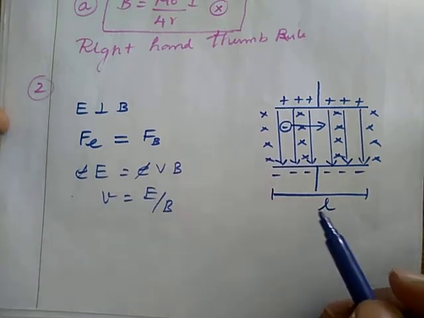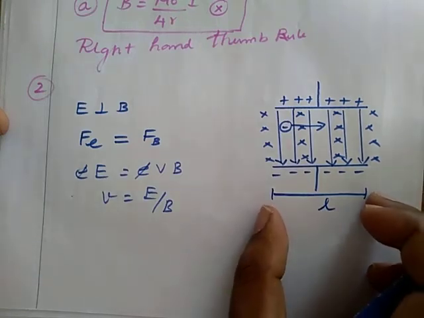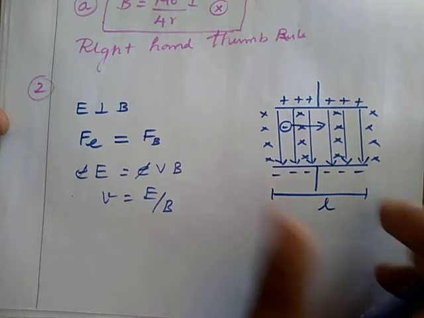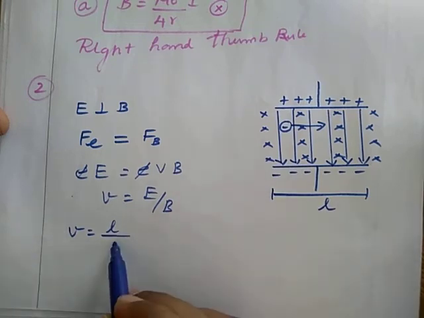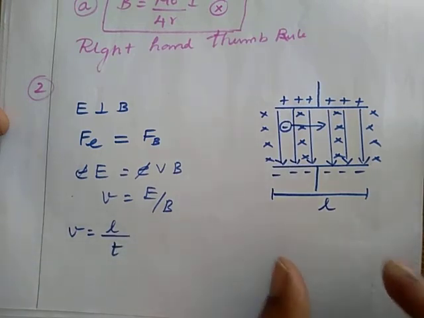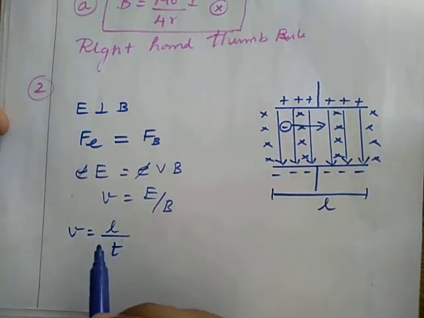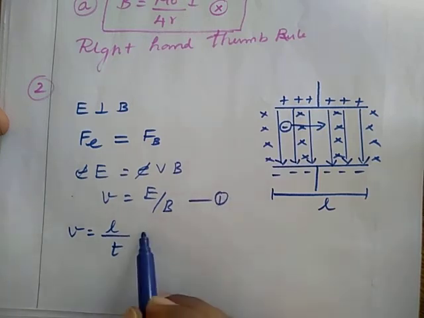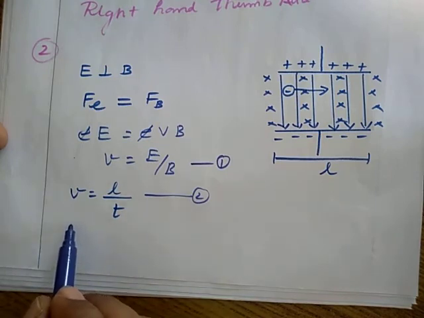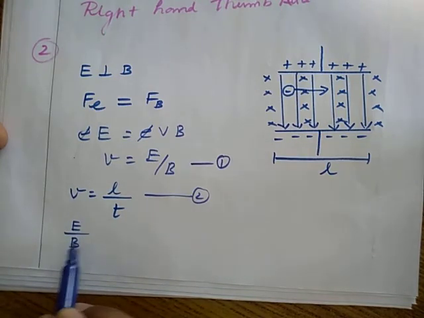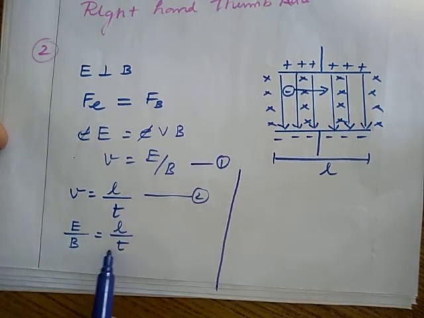We know the general formula: velocity is equal to distance by time. Here the distance is the length of the capacitor plate. Then v can be written as L by T. They are asking the time taken by the electron to cross the capacitor plate. Consider this one as equation 1, this one as equation 2. Equating 1 and 2, we get E by B is equal to L by T. We need the value of T only.